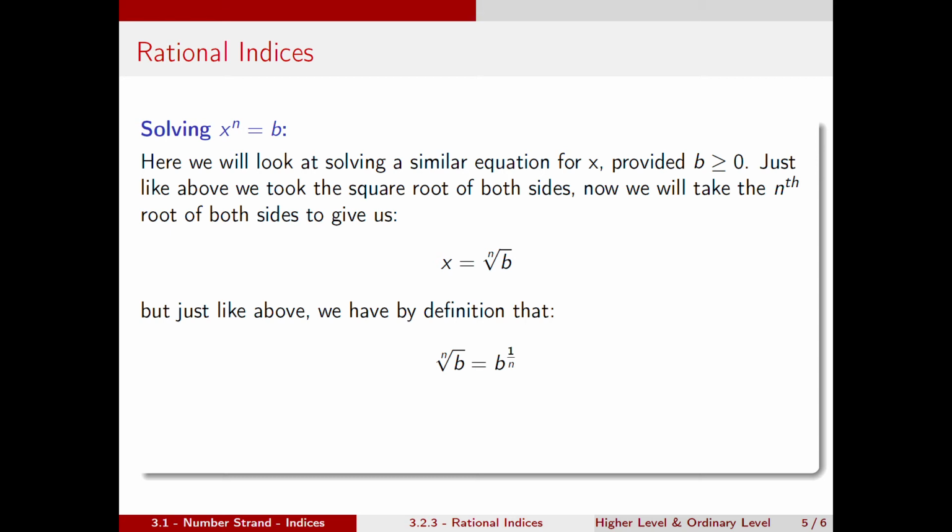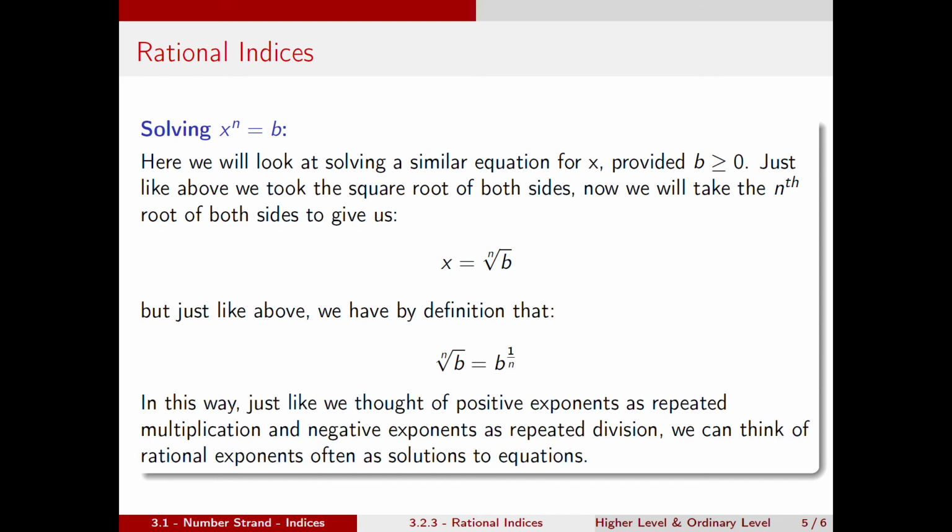Just like the square root of 2 could be expressed as 2 to the 1 over 2, the cube root of 2 could be expressed as 2 to the 1 over 3. In this case, the nth root of b can be expressed as b to the 1 over n. So in this way, just like we thought of positive exponents as repeated multiplication and negative as repeated division, we can see that rational exponents can often be thought of as solutions to equations.